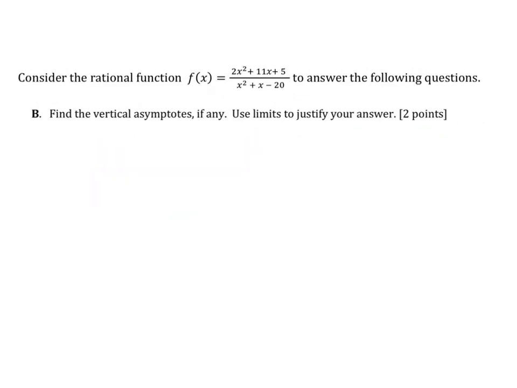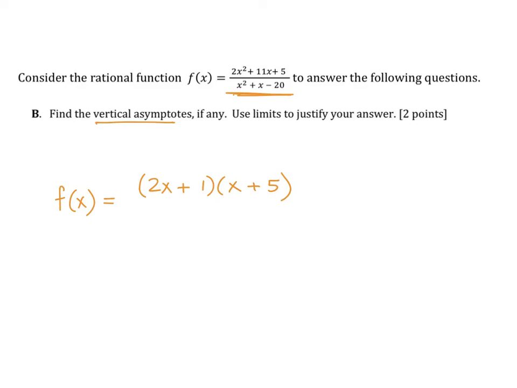Okay, so here on the other part, we've got to talk about any vertical asymptotes, and that's going to be where this denominator is 0. Now, something very important here, we need to factor the top and bottom. So let's see what f of x is going to look like. In the numerator, we need to factor that, and we should get a 2x plus 1, and then an x plus 5.